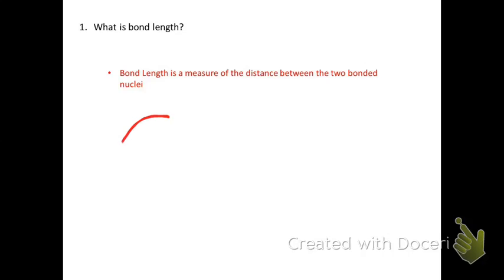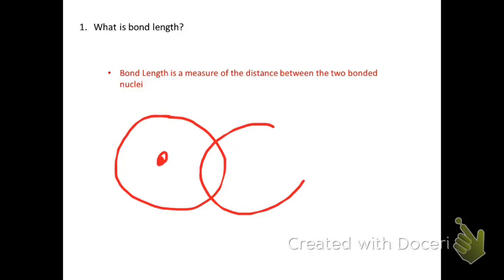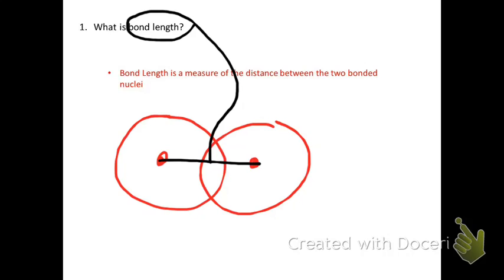Let's say we have one atom and its nucleus, and another atom which will overlap to share its electrons. Here's the other nuclei here. And the distance between these two nuclei right there, that distance is known as the bond length. Alright, so there's just a quick diagram you can put into your notes.